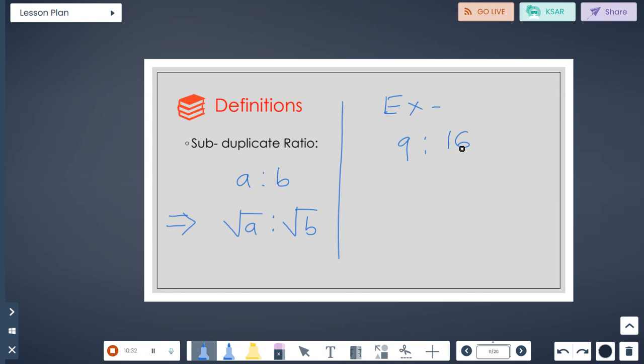Square root of 9 is 3, and square root of 16 is 4. So 3 is to 4 is the subduplicate ratio of 9 is to 16. When we have to find the subduplicate ratio, we only find the square root of that ratio.